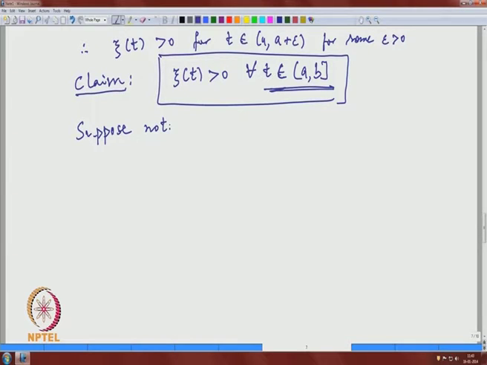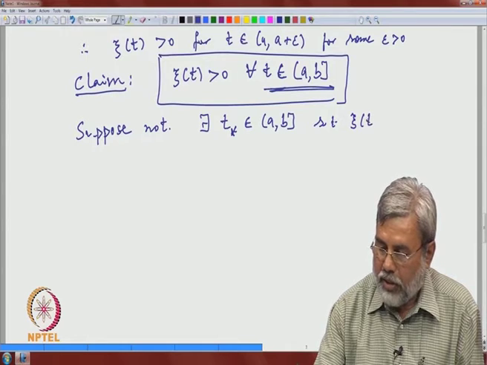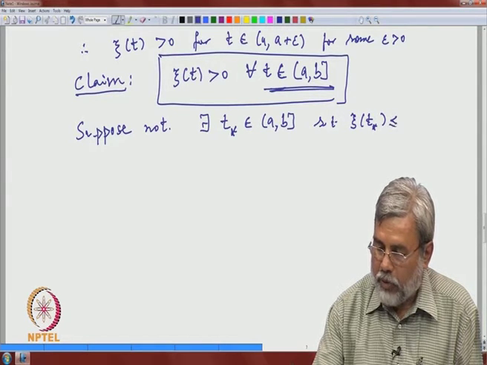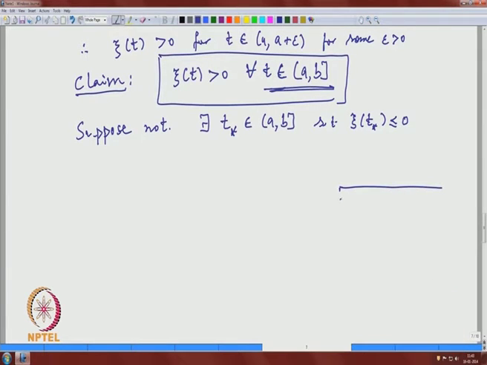So, what does that mean? So, there exists some T star in (a, b] such that J T star is less than or equal to 0. So, maybe better to draw some diagram. So, there is a here, there is T star there, and there is b here. We already know that J is positive in some small neighborhood, that is important.